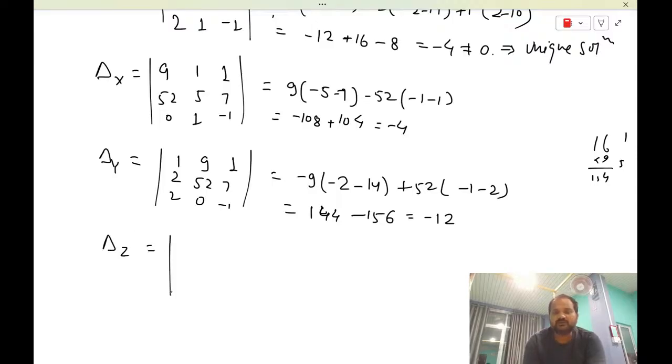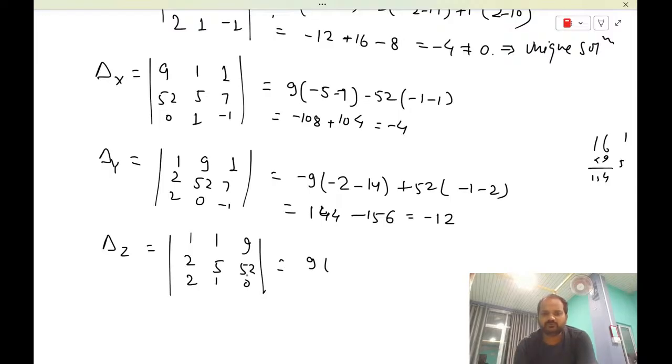For delta z, the c1, c2, c3 column will be replaced with the constant values, and the remaining will be the same, so 9, 52 and 0. Again we are expanding along the third column, because it has the 0, so it will be easy to expand along this column.